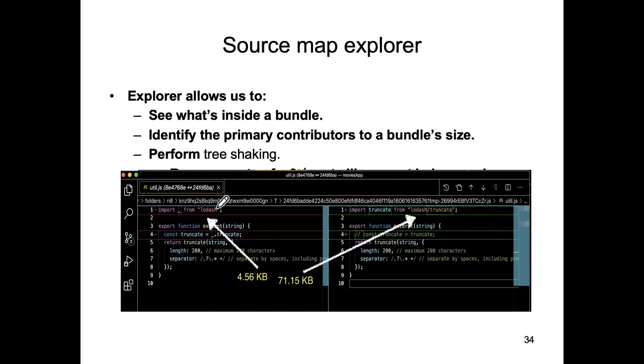It's just a convention though. So I'm importing the entire Lodash library, but it turns out that I'm actually only using one function within Lodash, which is this truncate function. So although I'm importing the entire Lodash module, I only need one function within it.